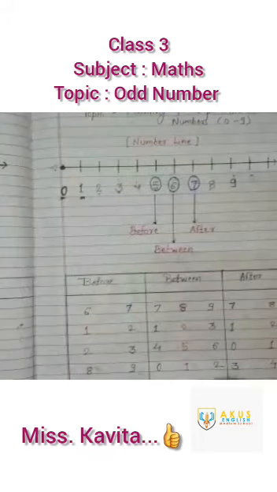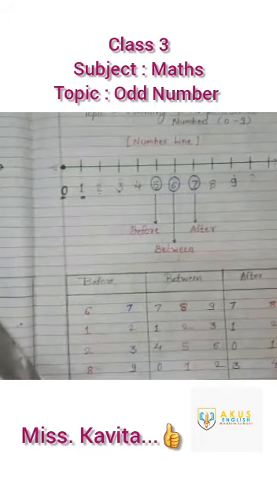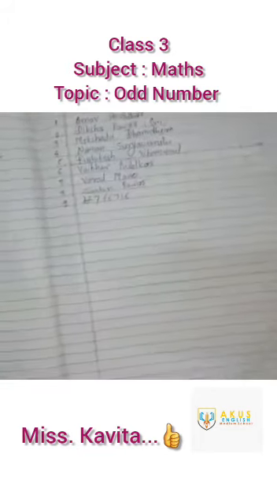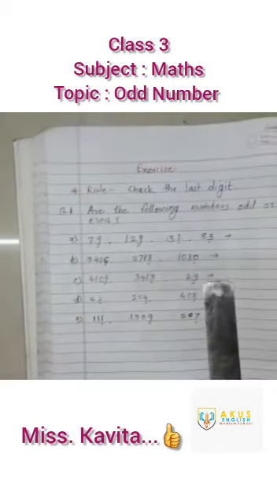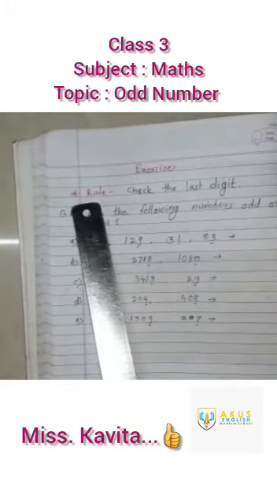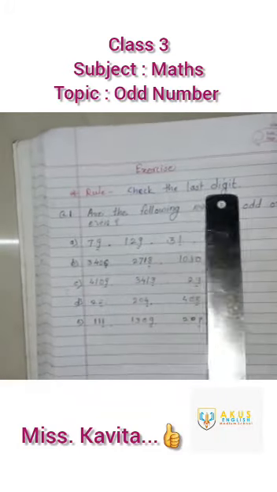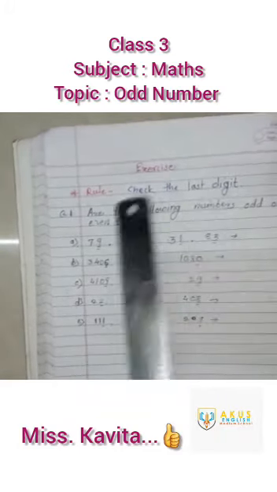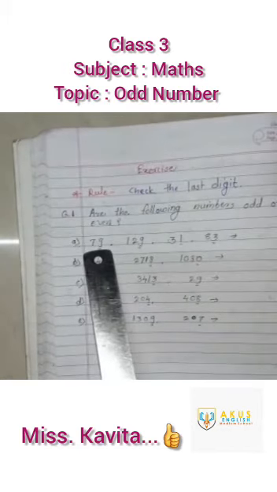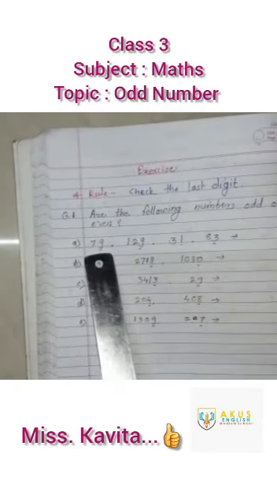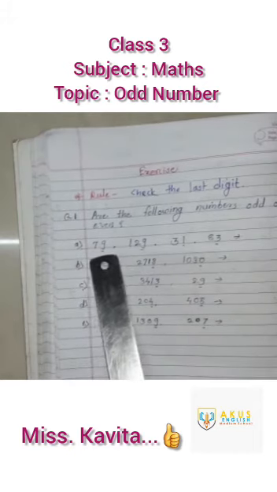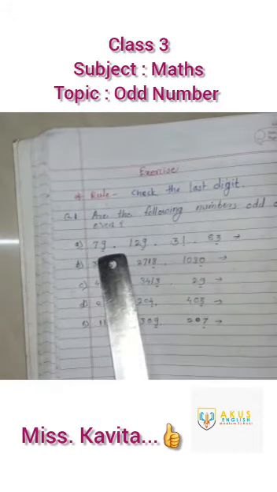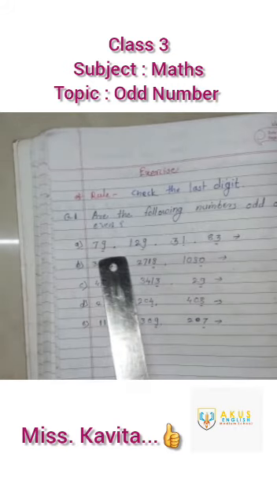Now we can solve this exercise. Which is our rule? The main rule is to check the last digit. Only we have to check the last digit. There is 79. Is 79 an odd number or an even number? Definitely at the ones place there is a 9. That means this is an odd number.